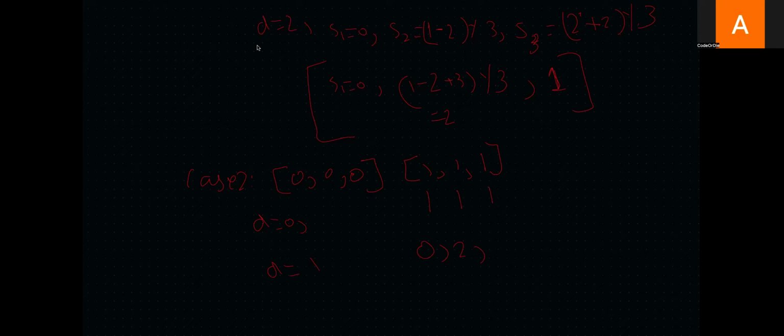Wait, yeah, I made a mistake. So S1 will always be 1, because we didn't change anything here. So this will be reduced by 1. 1 minus 1 is 0 modulo 3, which is 0, and 1 plus 1 is 2 modulo 3, which is equal to 2.